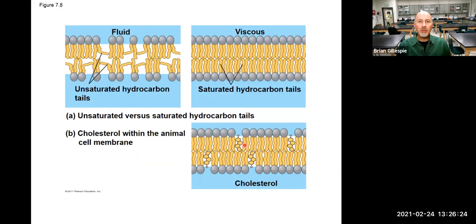But as I said, part of this depends a lot on just how saturated the fatty acids are that make up your phospholipids. Because if you have unsaturated fatty acids that have a sharp bend in the fatty acid chain, as those fatty acids get next to one another, those bent portions push against other molecules that maybe are more saturated.